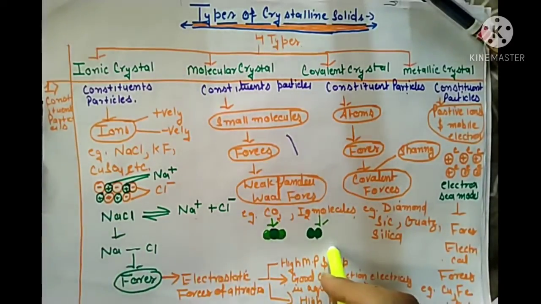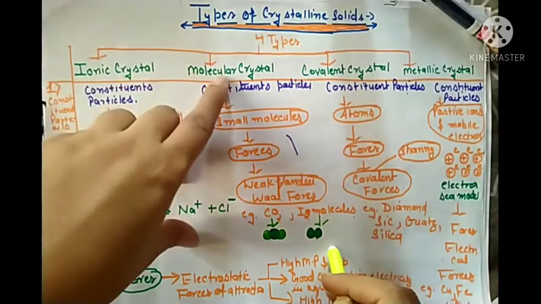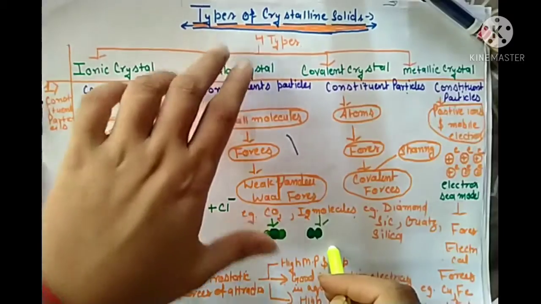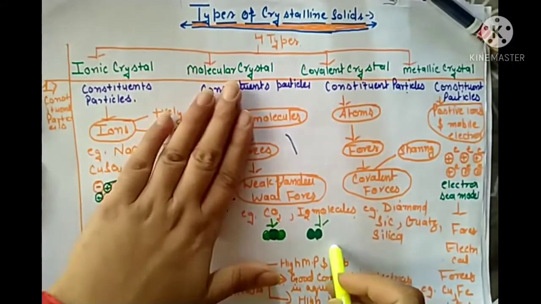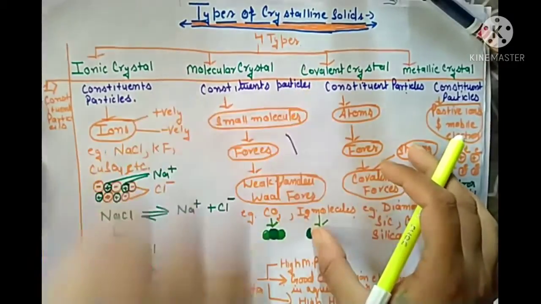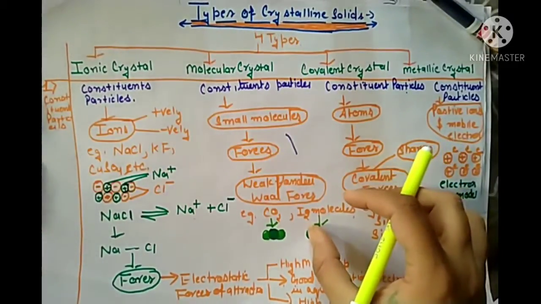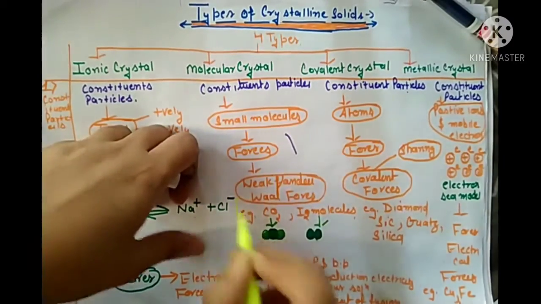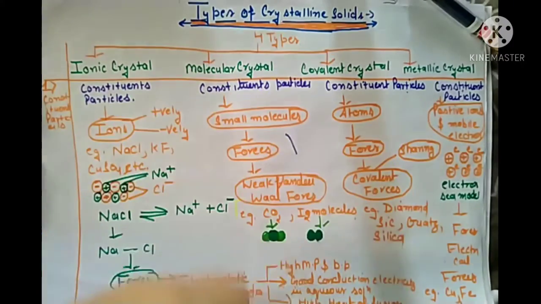In the next lecture, we will discuss the types of molecular crystal. We will discuss this topic in brief. Okay. Next, due to weak van der Waals forces of attraction, these molecular crystals are soft.